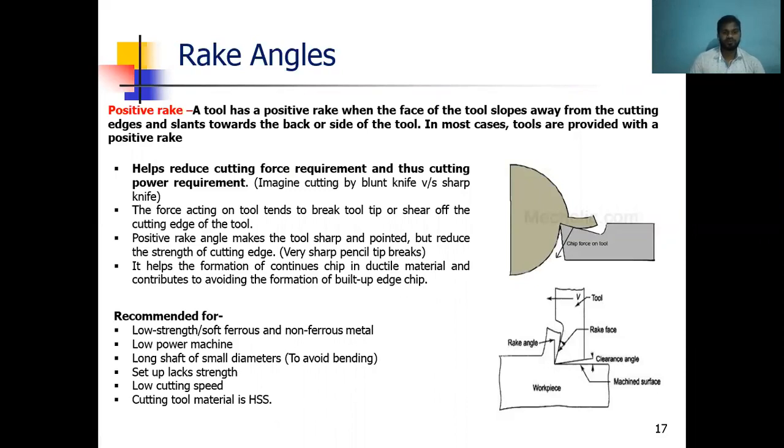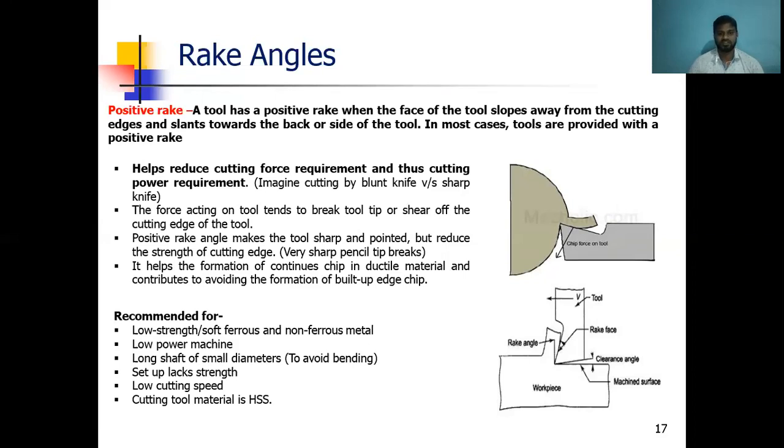A tool has a positive rake when the face of the tool slopes away from the cutting edge and slants towards the back or side of the tool. In most cases, tools are provided with a positive rake. Here we have to observe the chip force on the tool.